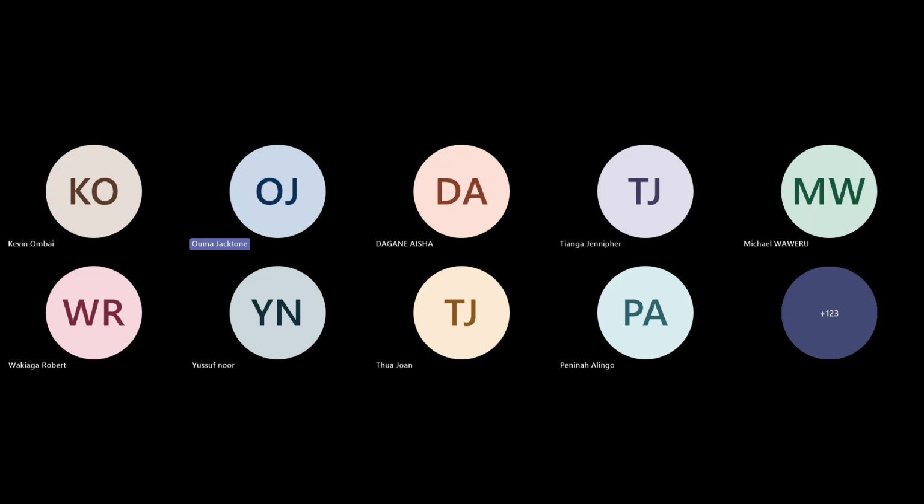How does that happen? You will get a question in an exam, and you're being told that Michael Waweru has this case, Jactone has this case, and this suit is supposed to proceed to a pre-trial conference.